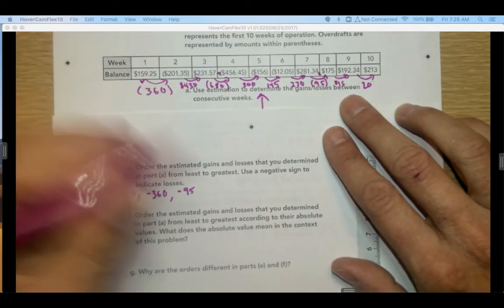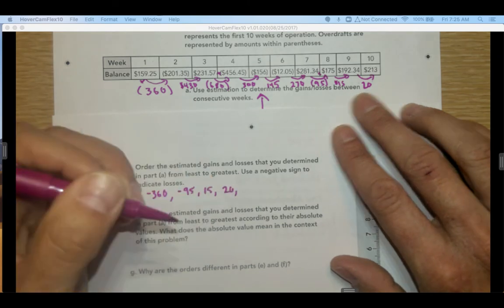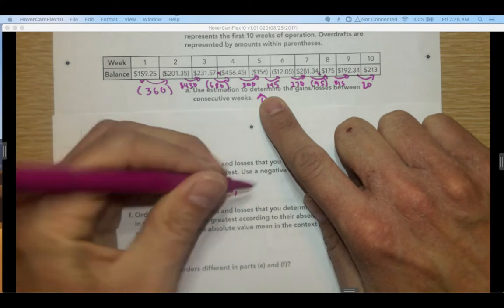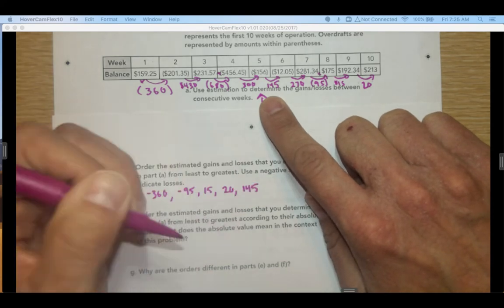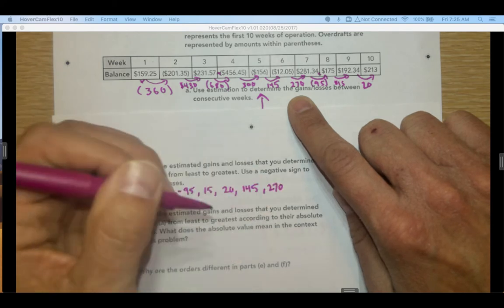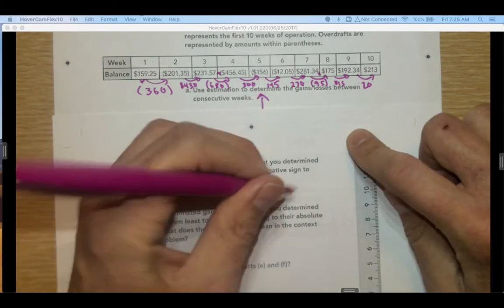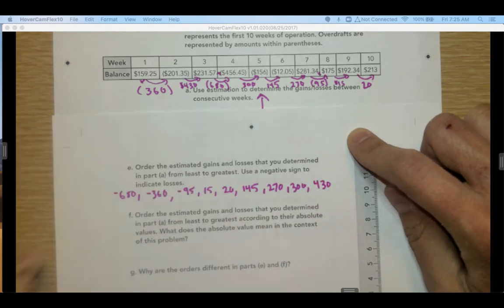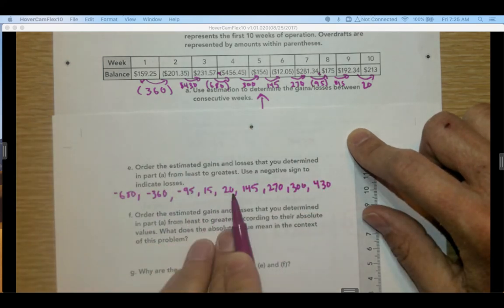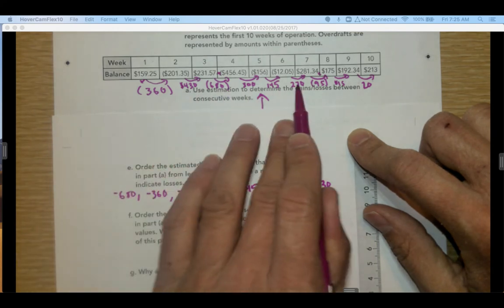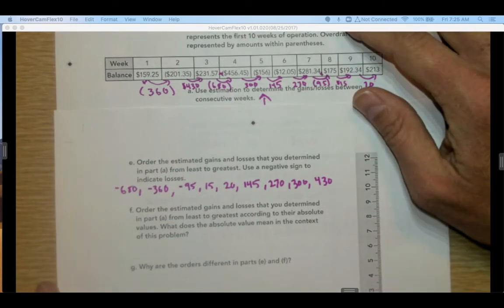Then I would have 15, and then 20, and then 145, and then 270, and then 300, and then 430. 1, 2, 3, 4, 5, 6, 7, 8, 9. Okay.